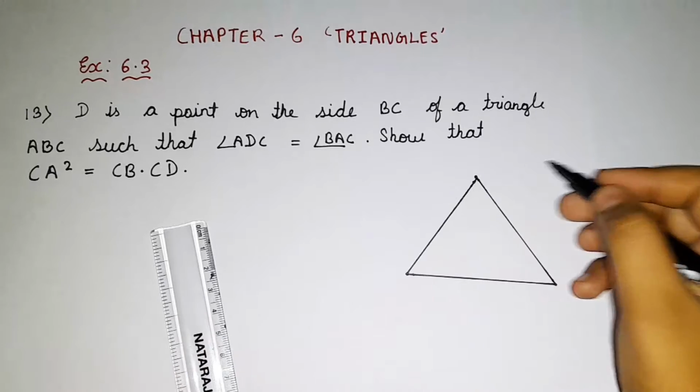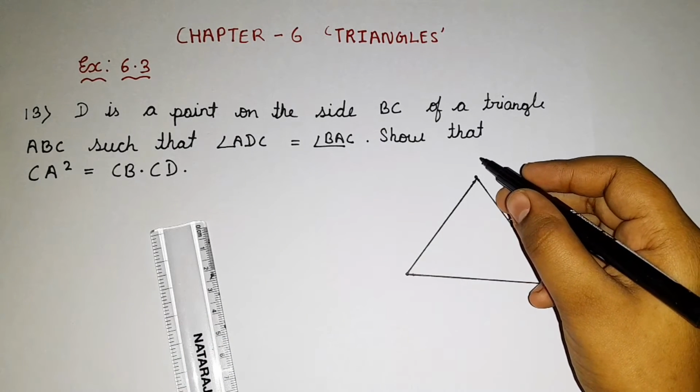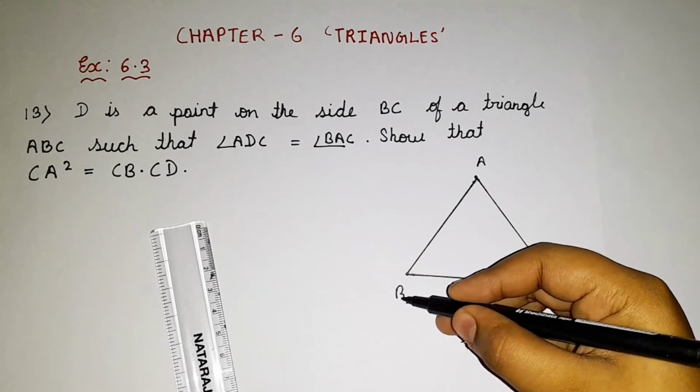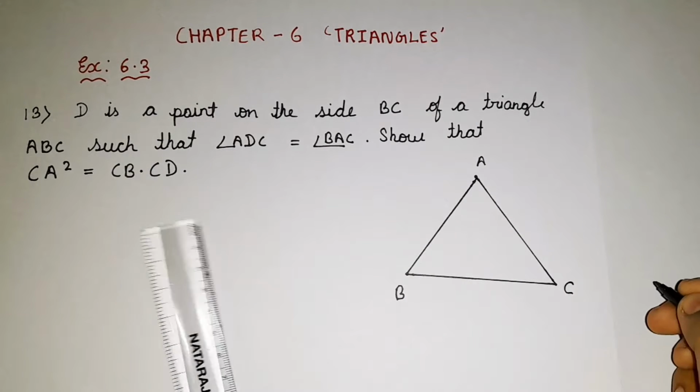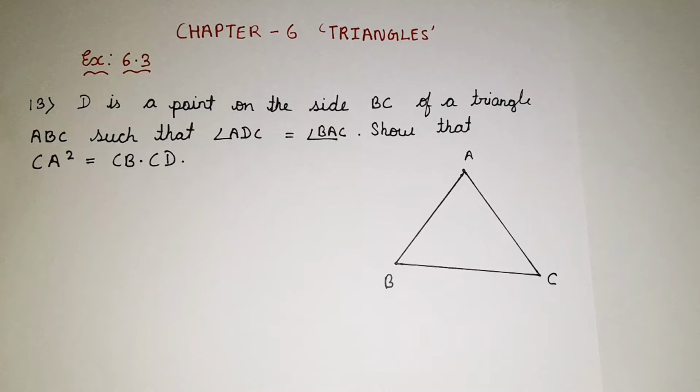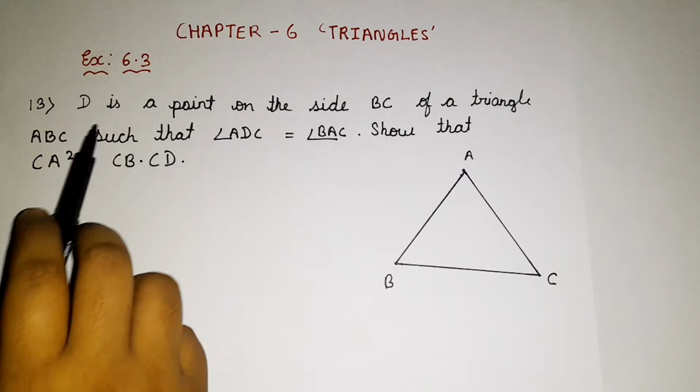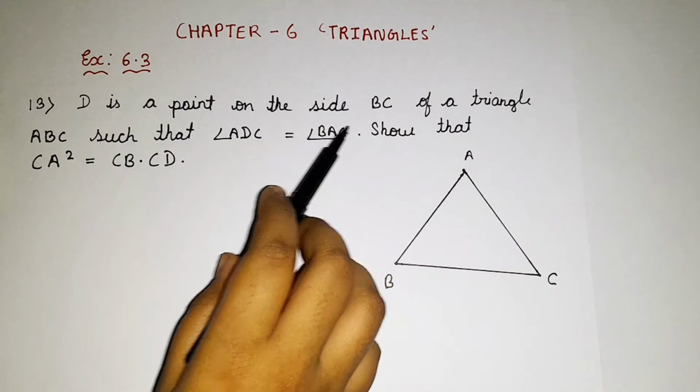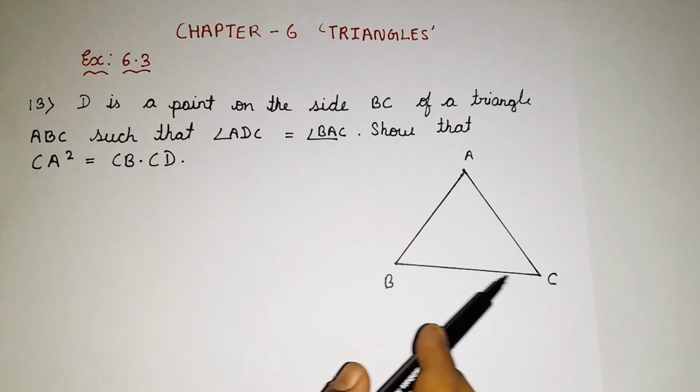So here we have a triangle, so let us name it as A B C. In this triangle ABC, D is a point on the side BC. So where is BC? BC is here.